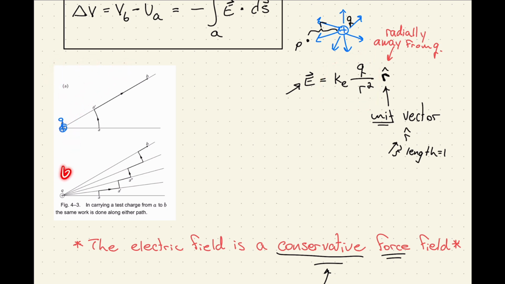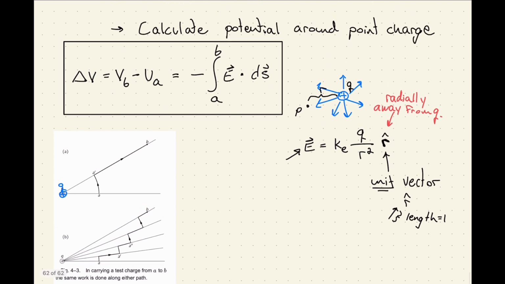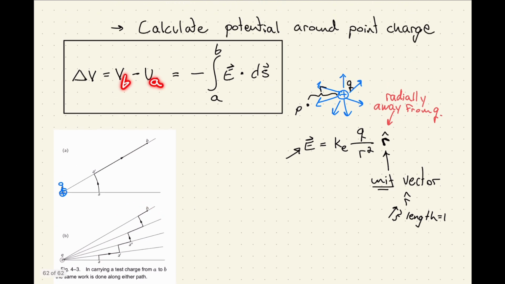Over here in part B, you will see the same thing, a positive point charge, Q, with a couple more electric field lines drawn, and there's a path taken between both of these, and the path is different. So the path is going from point A to point B in both scenarios. It's the same path, and is actually the path that we're going to use to calculate the electric potential.